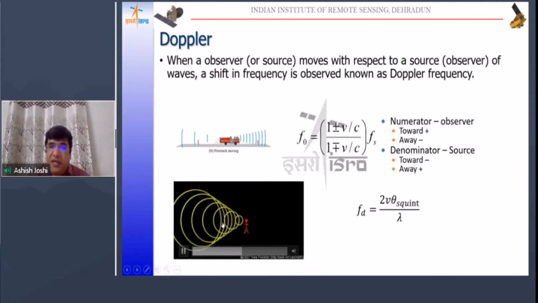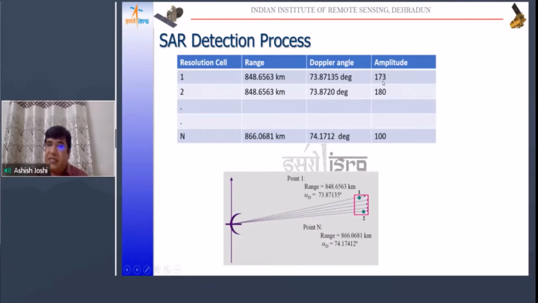So we have the range, we have the Doppler angle, and we have the amplitude, meaning the scattered energy in the image. So for a particular pixel, we have three pieces of information: range information, Doppler information, and the backscattered energy, which is converted to DN values, such as 173.